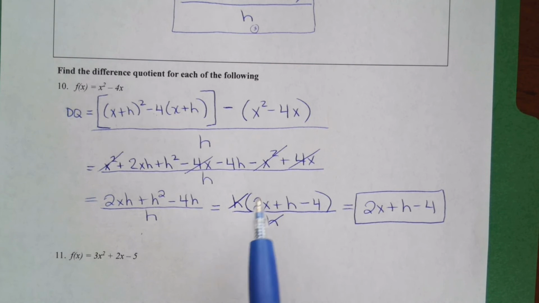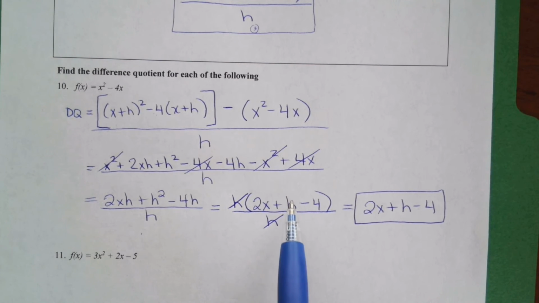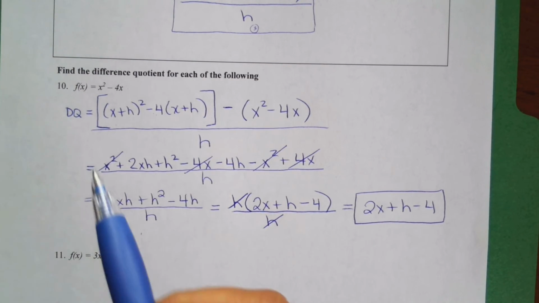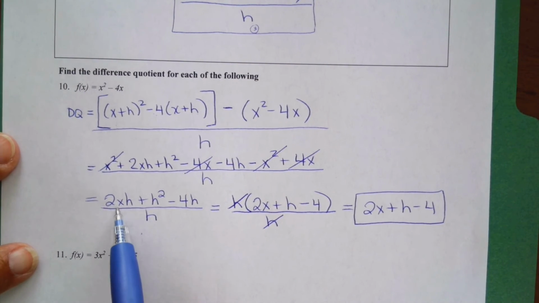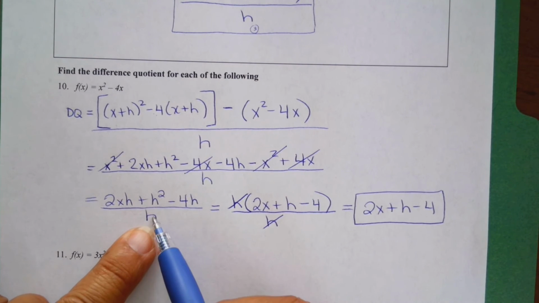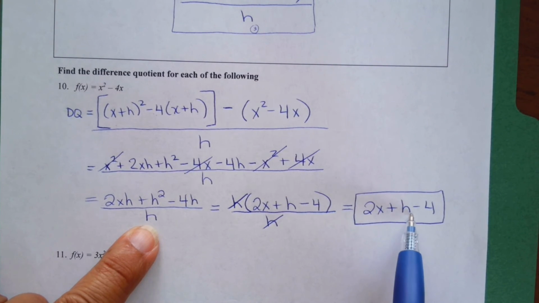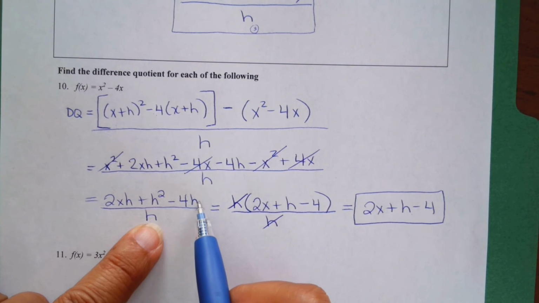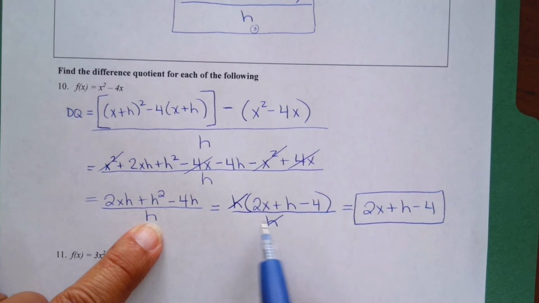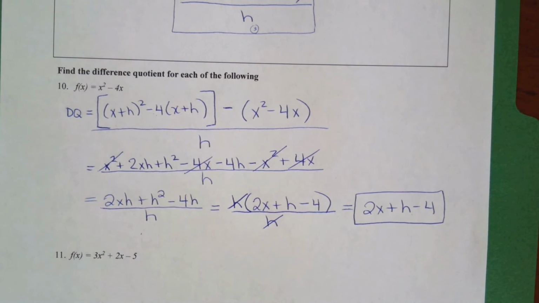So if this is confusing to you, then if I just skip this step and just look over here and say, all right, if I take an h out of here, that leaves me 2x. There it is. If you take an h out of here, that leaves you h. There it is. And if you take the h out of this one, that leaves you the minus 4. So you don't have to do the factor step. It just kind of depends on which way you like to do it.